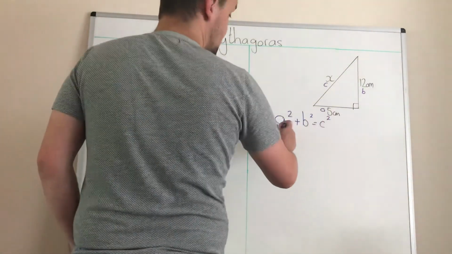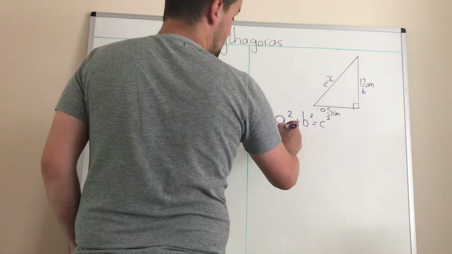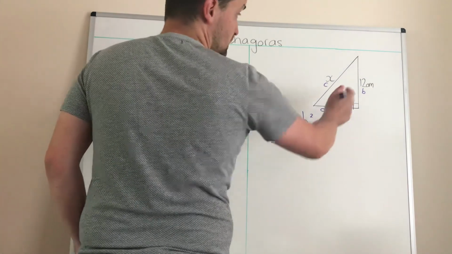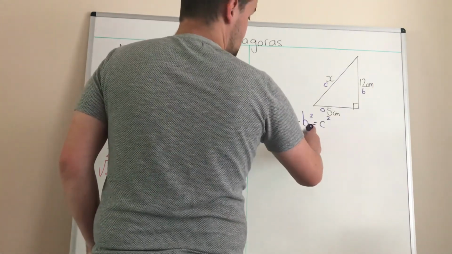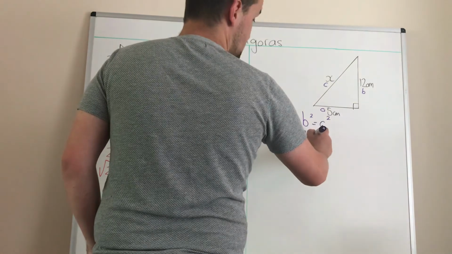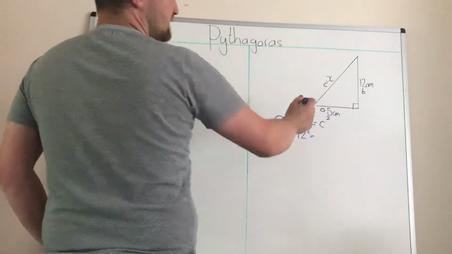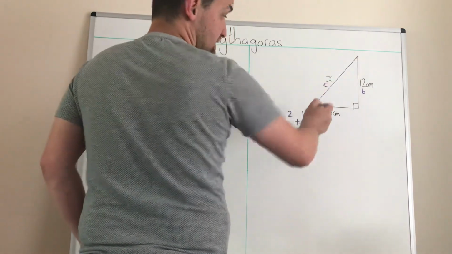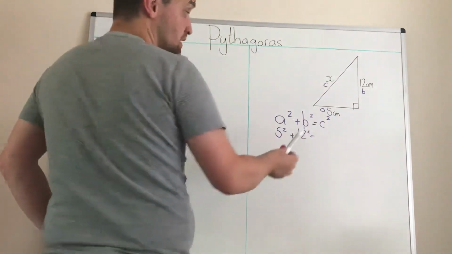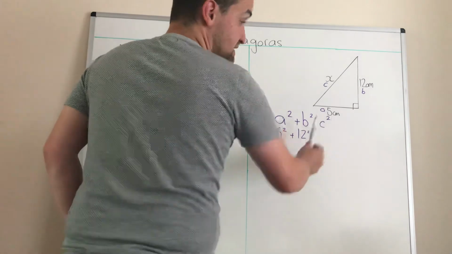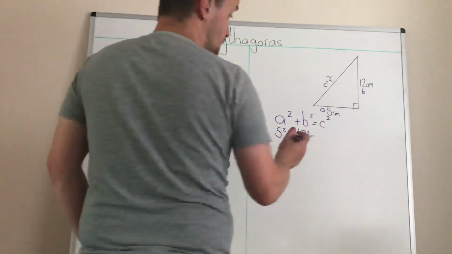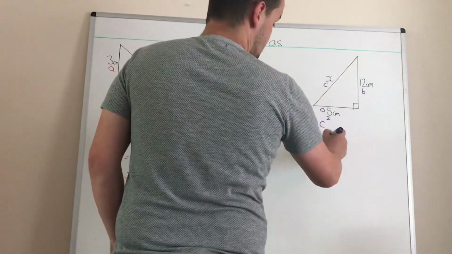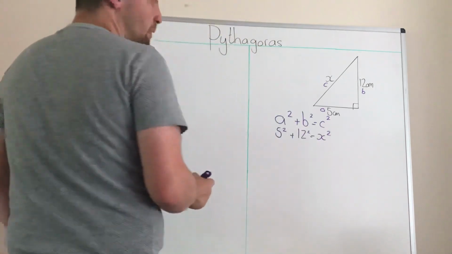So A is 5, so 5 squared, plus B is 12, 12 squared, equals C is X. Why is C X? Because X is the longest side. In my examples, the longest side is always C, okay? So that's X squared there. Then we need to work it out.